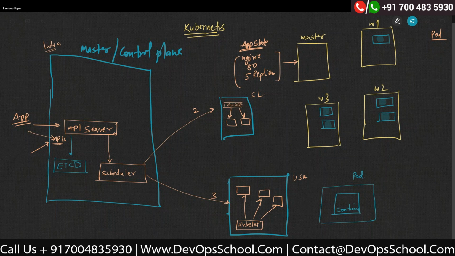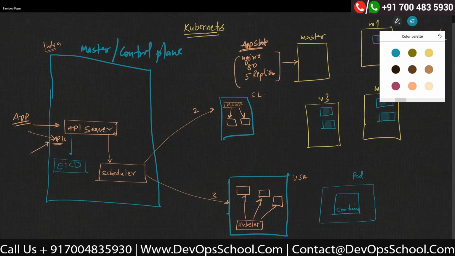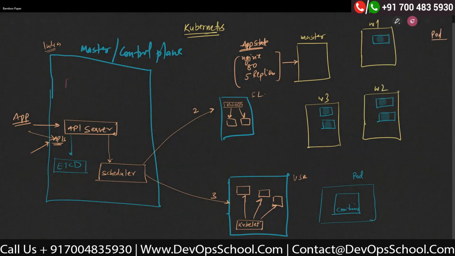Okay, now there is also one more component that is called controller manager. Now what does it do? So let's say a request was given for 5 replicas. It went to API server. API server instructed scheduler that here, run 5 pods. Now 1 pod dies, right?